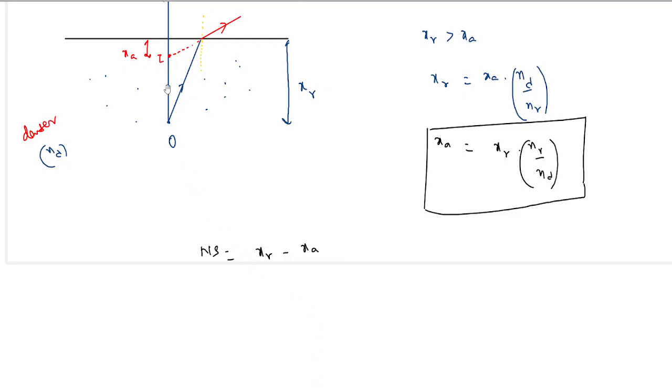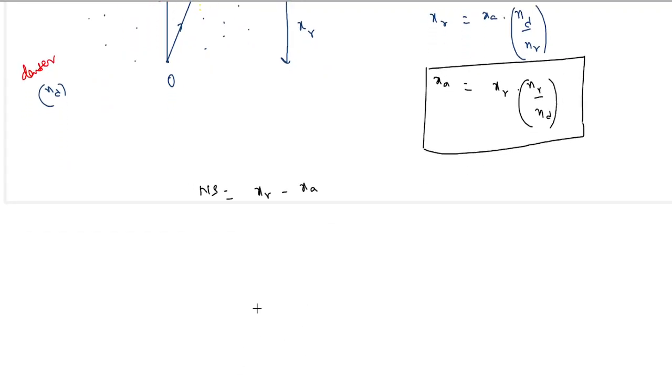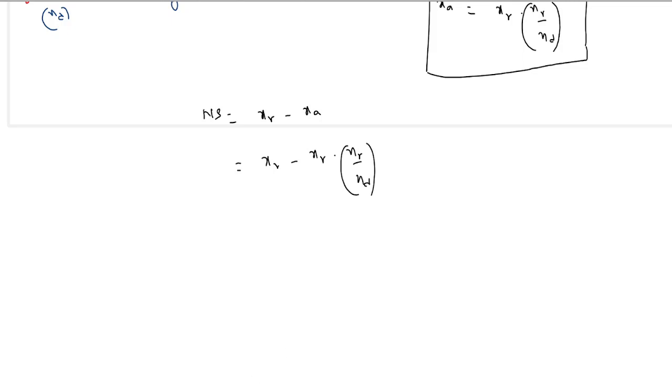Because it is OI, that is equal to x real as it is, and x apparent from this equation would be x real into n r by n d. Now from here, if we pull out x real as common, then what remains is 1 minus n r by n d. So this is the formula for normal shift.